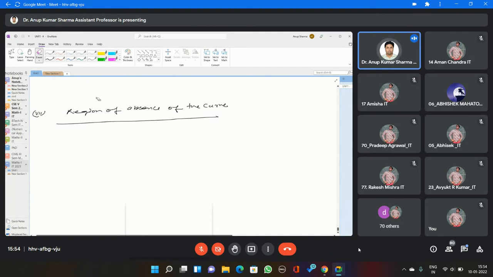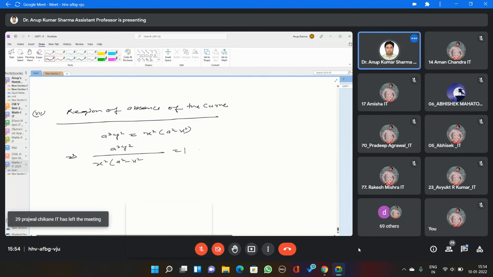So our expression was a square y square is equal to x square times (a square minus x square). This implies that y square upon x square is equal to (a square minus x square) upon a square.